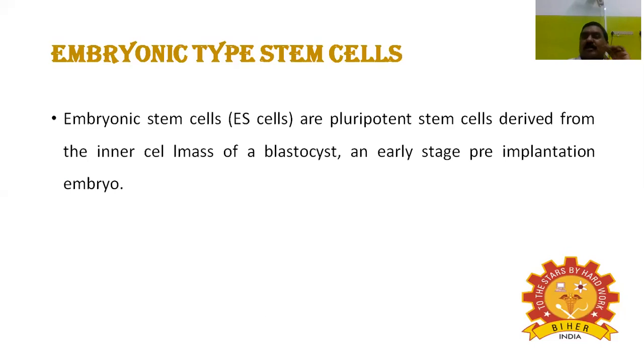The embryonic stem cells are ES cells, mostly pluripotent stem cells derived from the inner cell mass of a blastocyst. Inner cell mass of the blastocyst. It's the early stage of the pre-implantation embryo. What is a blastocyst? The next question arises. When a single sperm reaches a single egg, fertilization takes place.